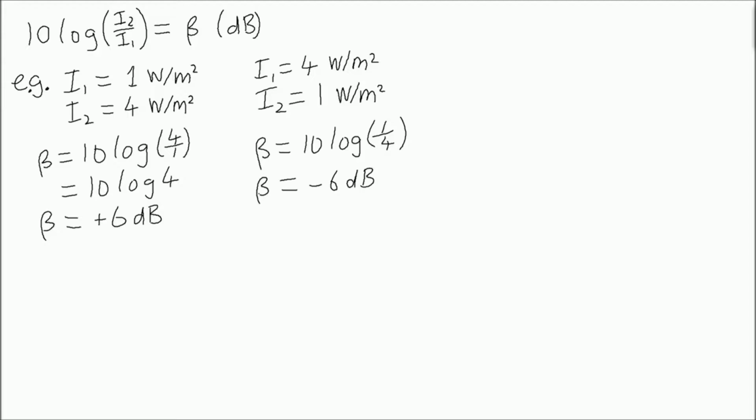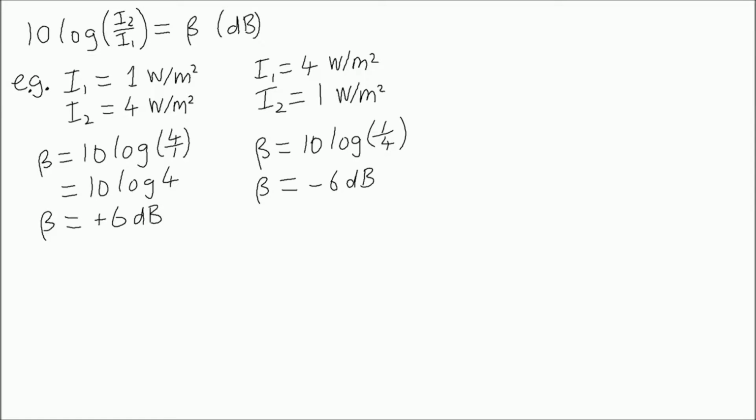So that tells us that if the intensity level is less by a factor of 4, we go down 6 decibels. And you go down 3 decibels for every halving of an intensity. And if we had 1/8 of the intensity, that would be minus 9 decibels, because it's 3 lots of halving, so 3, 6, 9.